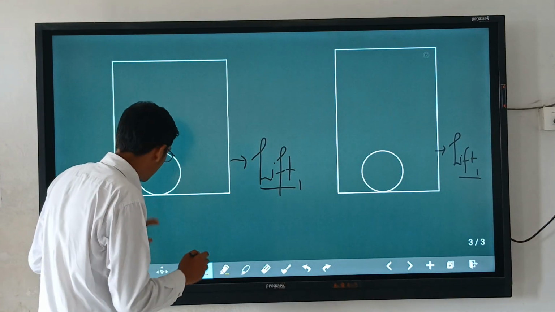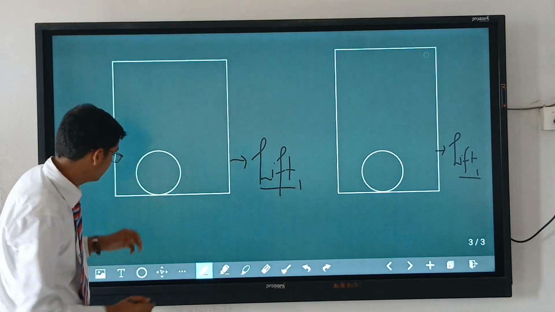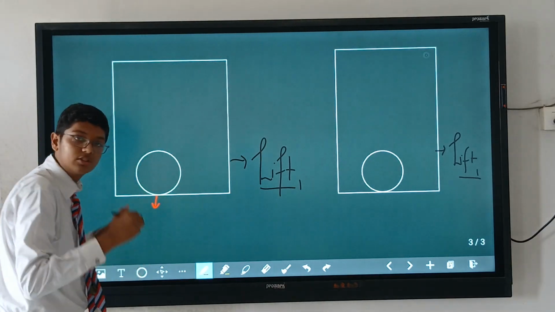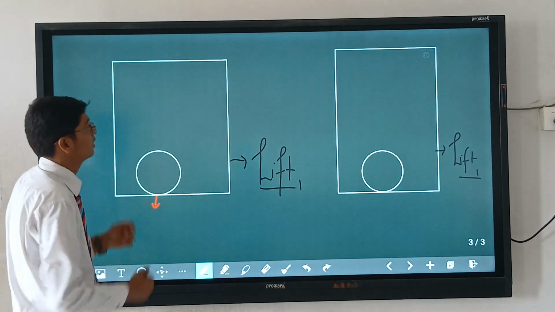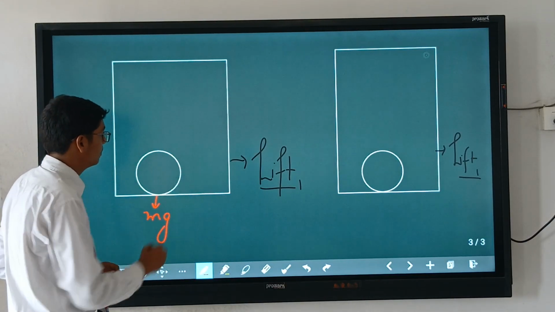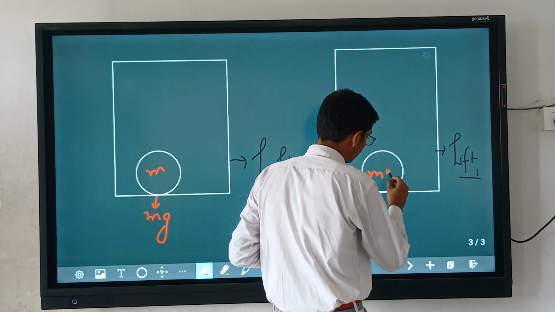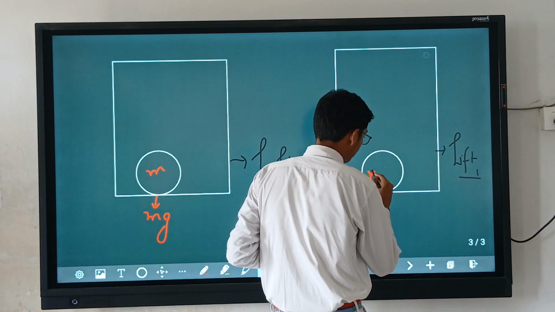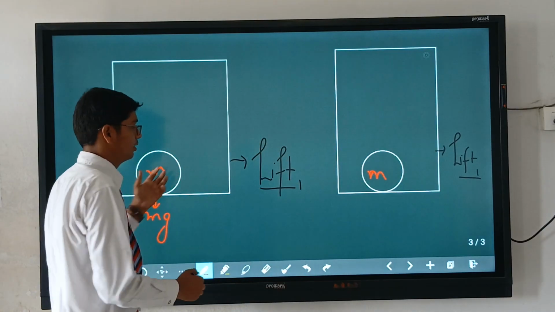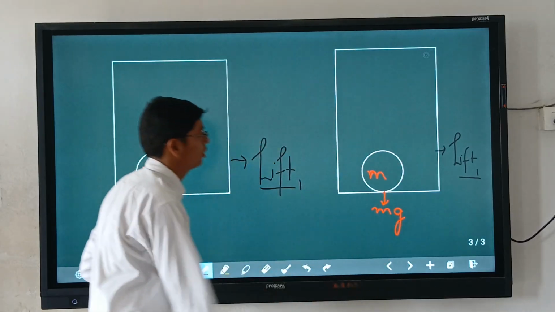As the ball and the lift are in contact with each other, the ball applies a force in the downward direction on the surface of the lift that is equal to its weight, mg, because I am supposing its mass to be m.